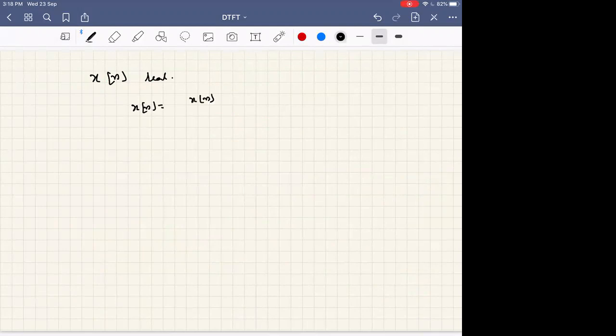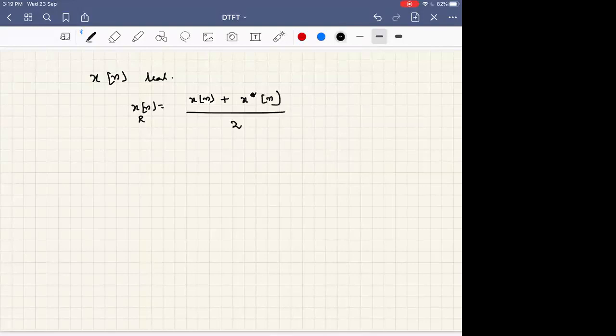If I give you any complex signal and I want the real part of the complex signal to come out, how do I get it? I just want to identify the real part of the complex signal. So how do I identify it?